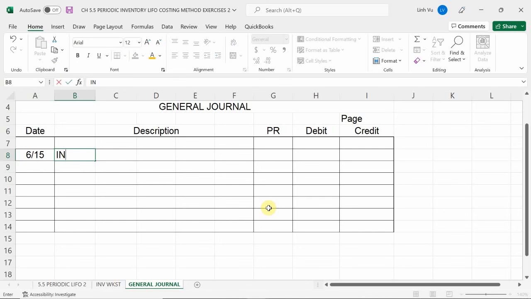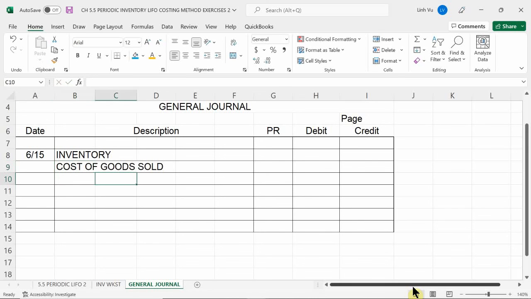Inventory, cost of goods sold, purchase expense, and freight expense.